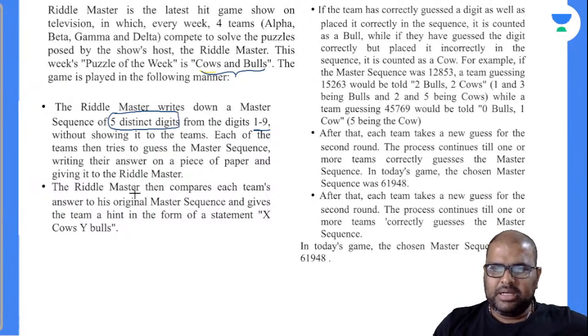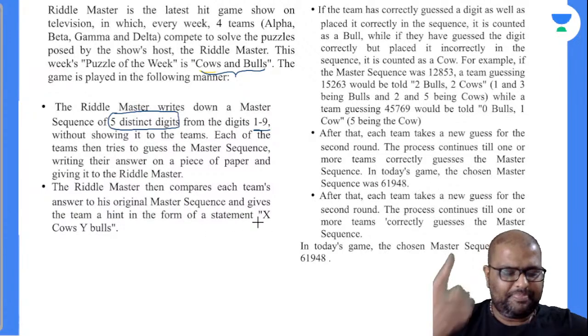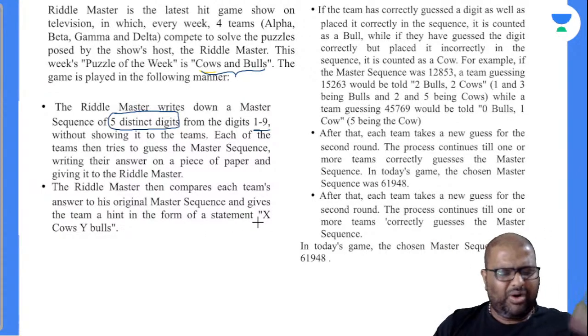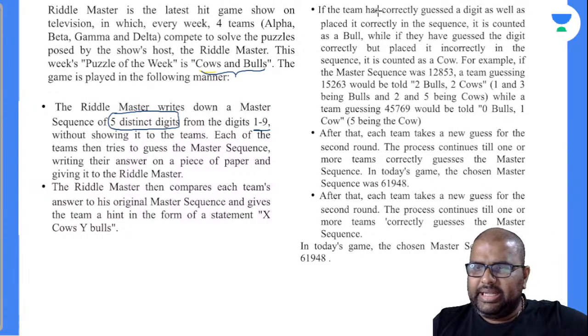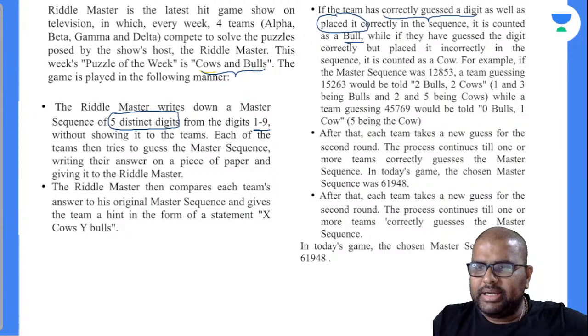Second point, the Riddle Master then compares each team's answer to his original master sequence and gives the team a hint in the form of a statement called X cows and Y bulls. What is this cows and bulls? Let's see the next statement. If the team has correctly guessed a digit as well as placed it correctly in the sequence, then it is counted as a bull.